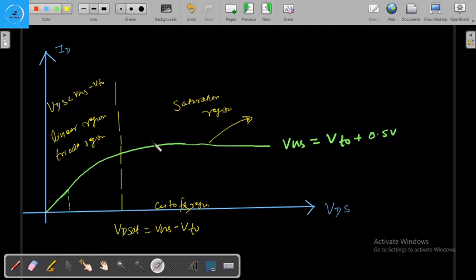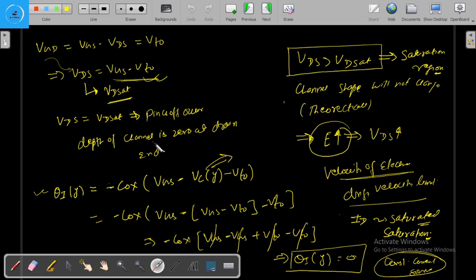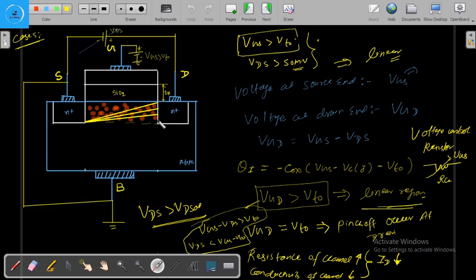It is the practical case, because we have seen here that theoretically the channel shape will not change when VDS is greater than VD set, but in the channel length modulation we will see how, when we increase the VDS beyond the VD set, the channel shape will be changed and how the effective length of the channel will be changed, right?